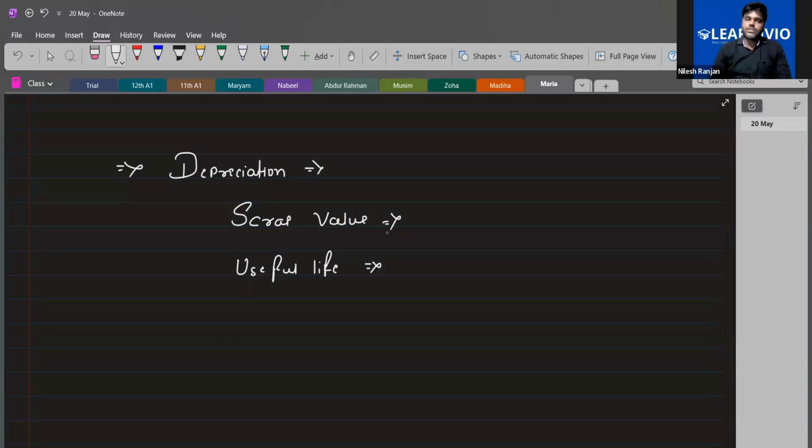Okay. Can you tell me what is scrap value? Scrap value is the amount which you will minus from the asset for the formula so that you can find how much is getting depreciated. Okay, so scrap value is just a value to be used in formula.